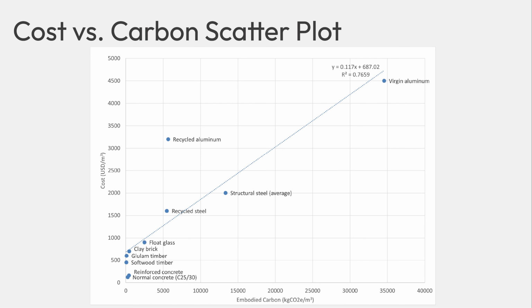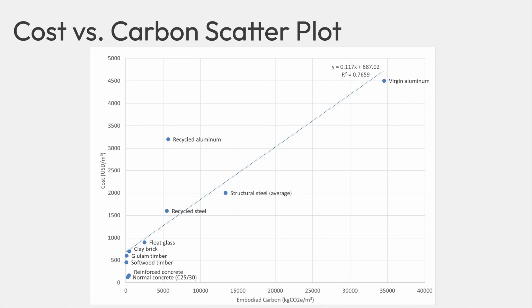Here, I'm looking at the relationship between construction cost and embodied carbon intensity using one graph. On the x-axis is embodied carbon per cubic meter, and the y-axis is construction cost, also per cubic meter, so all materials are directly comparable.